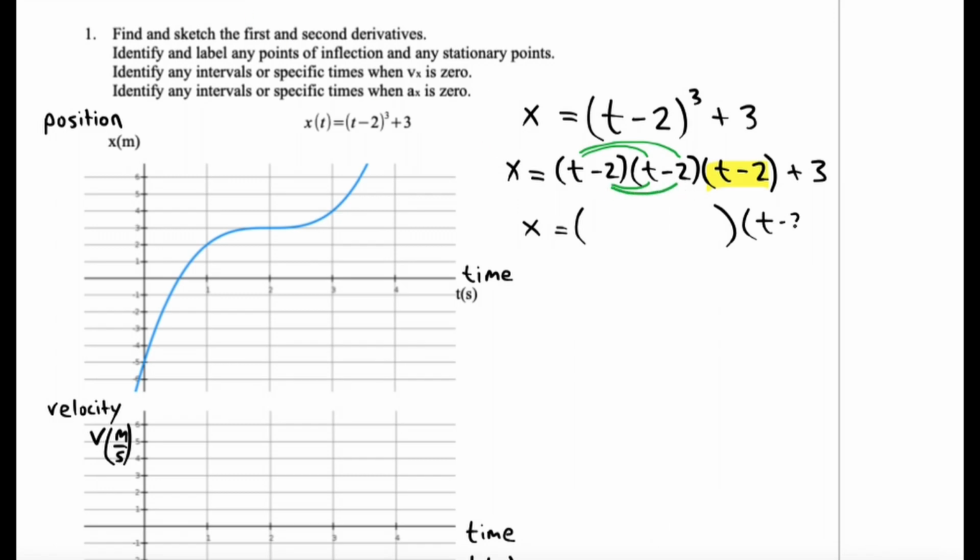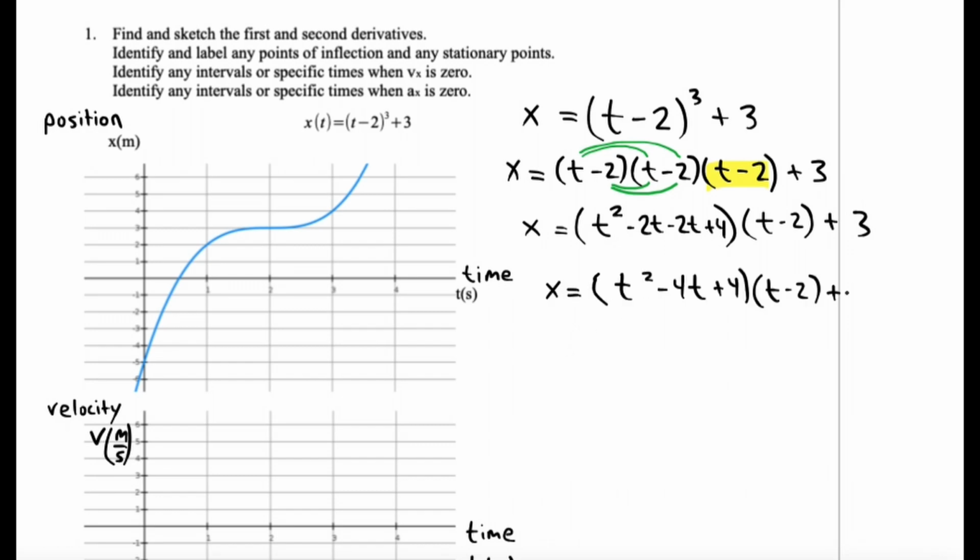The t minus 2 at the end can stay, and we'll get t squared minus 2t minus 2t plus 4. Simplify it a little. At that point, we have to send the t to every term, and we have to send the negative 2 to every term as well.